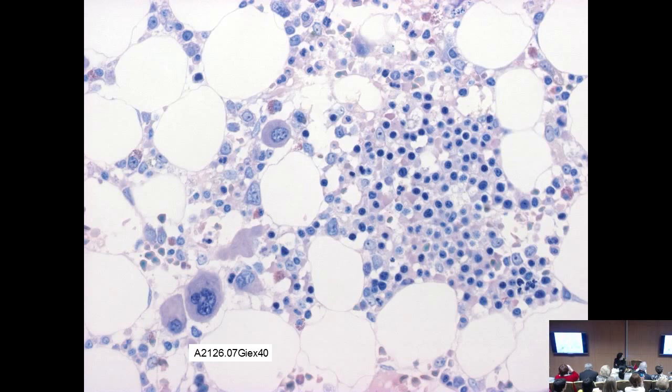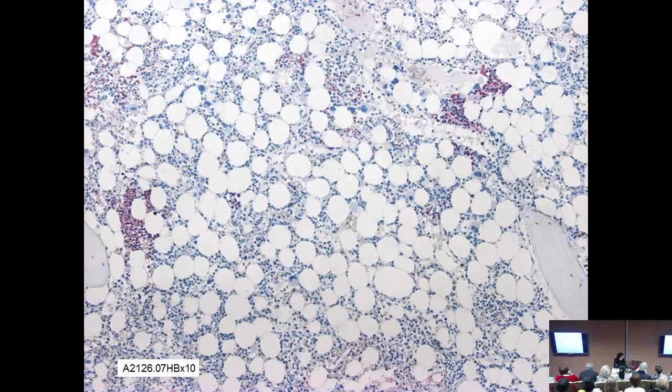The erythroid islands in MDS typically are enlarged and show megaloblastoid change, and the megakaryocytes are small and hypolobated. From these histological criteria, you can guess that it might be a 5q.